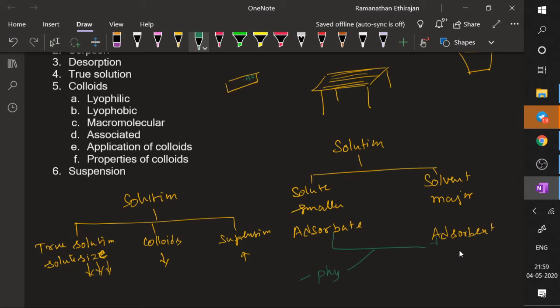If the bond between them is of chemical nature, then it is chemisorption.